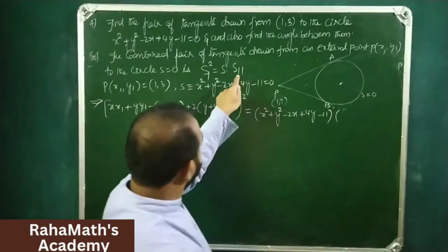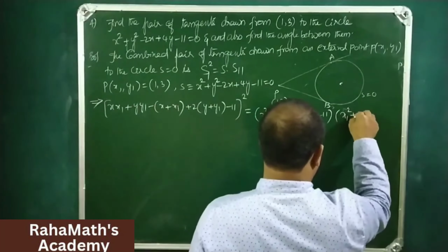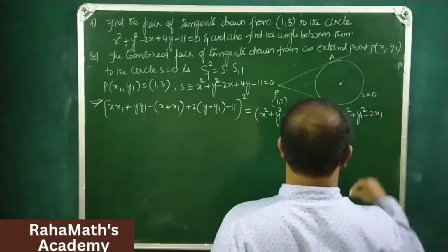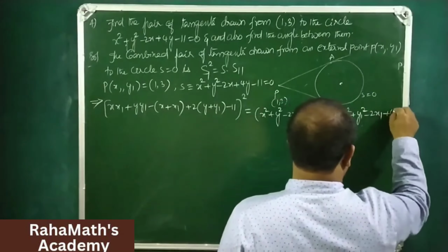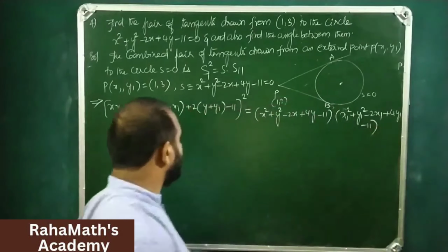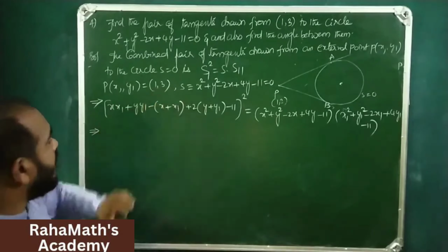S11 is simply substituting point (x1, y1) into this. So x1 square plus y1 square minus 2x1 plus 4y1 minus 11. So simply substitute x1, y1 equals (1, 3).